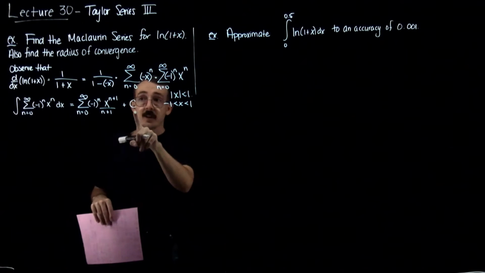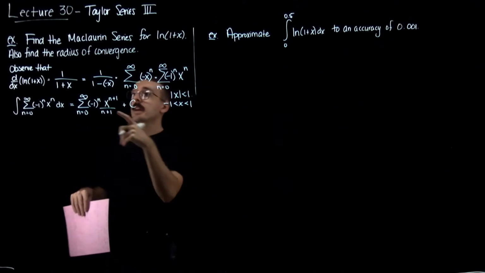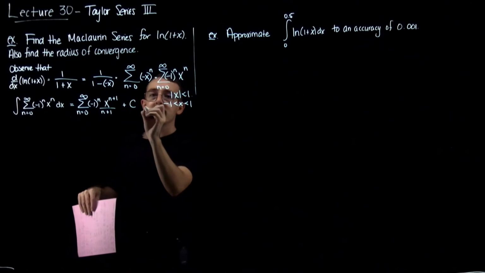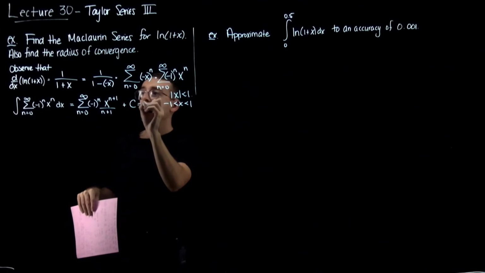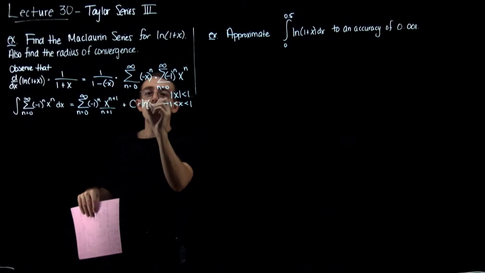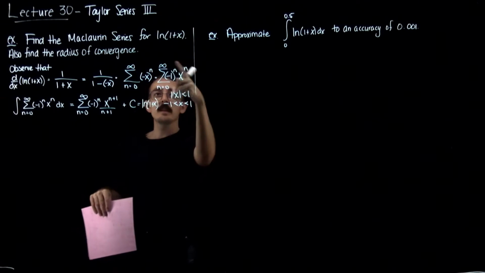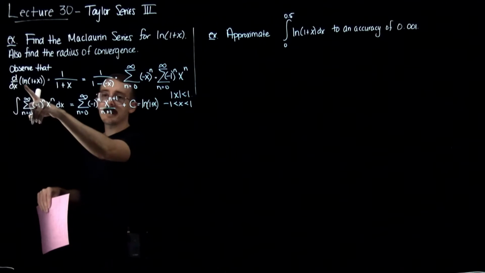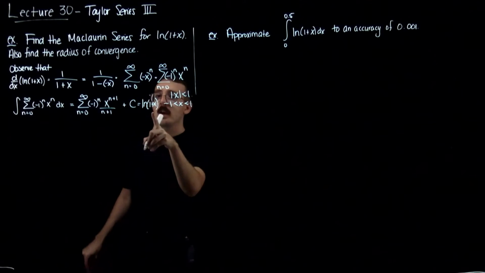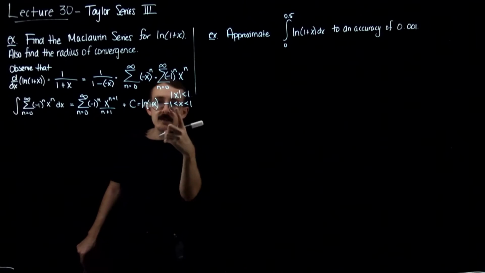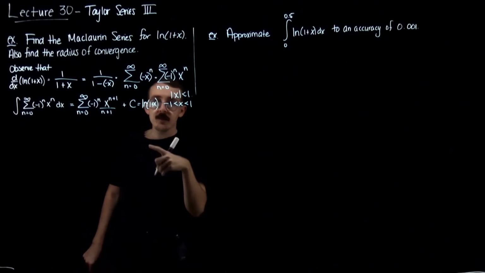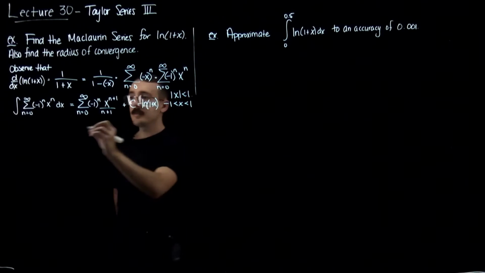It'd be helpful if I could figure out what c is. So if this is supposed to be equal to ln of 1 plus x, because remember the integral of this gets us back to ln of 1 plus x, let's plug in an x value inside our interval of convergence.